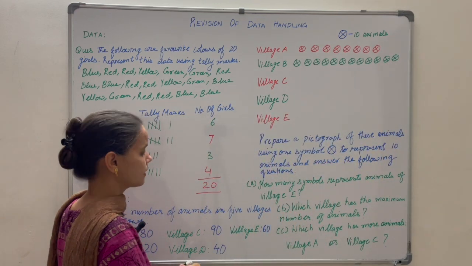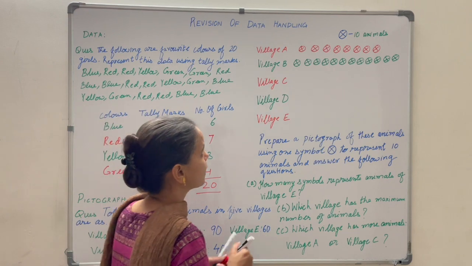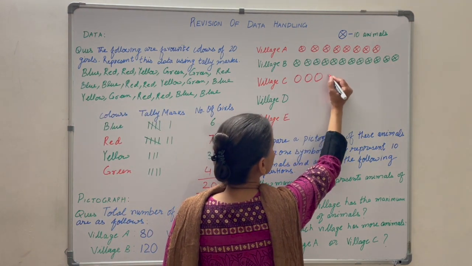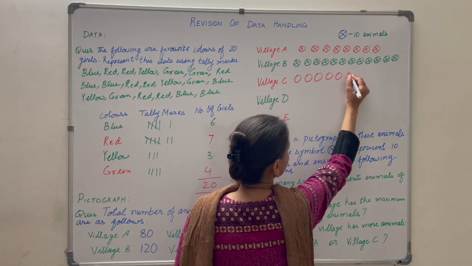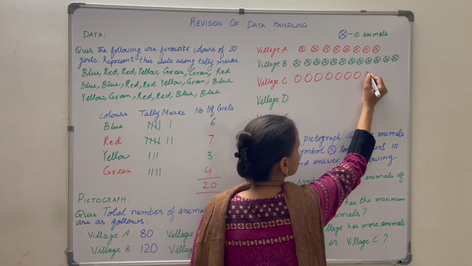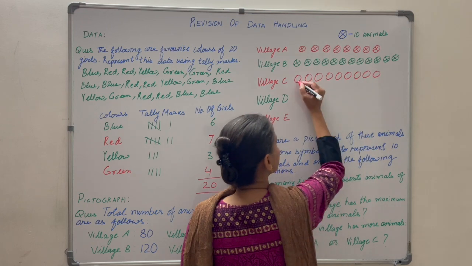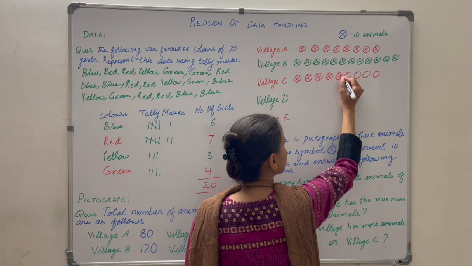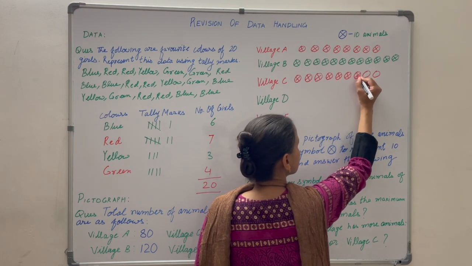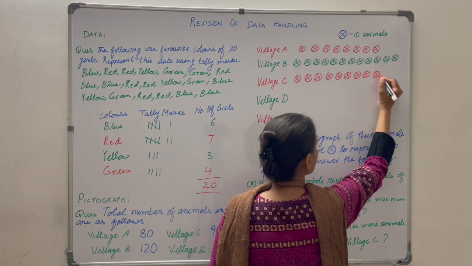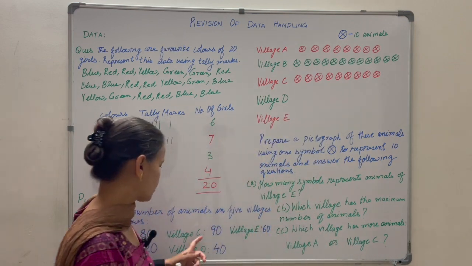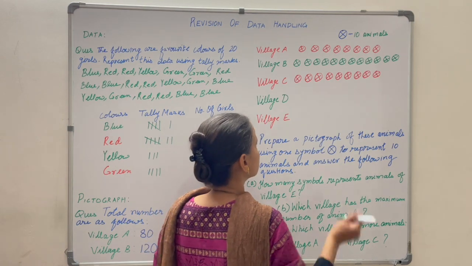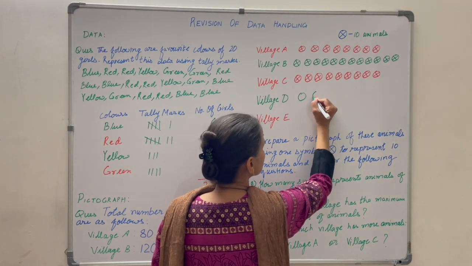Village C 90 means you have to make 9 symbols. 1, 2, 3, 4, 5, 8, 9. Village D, 40. Means you have to make 4 symbols like that.